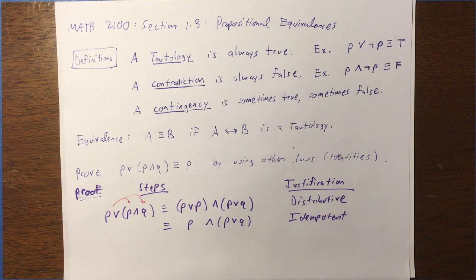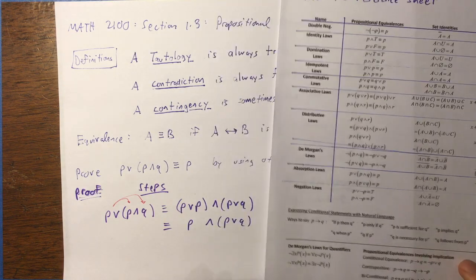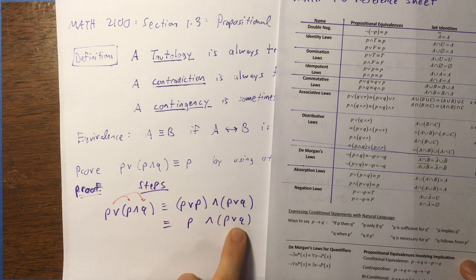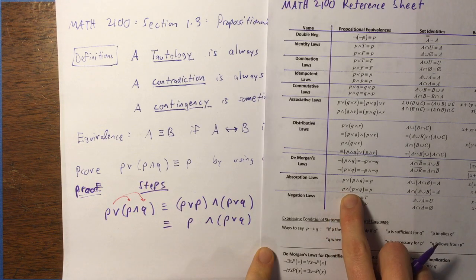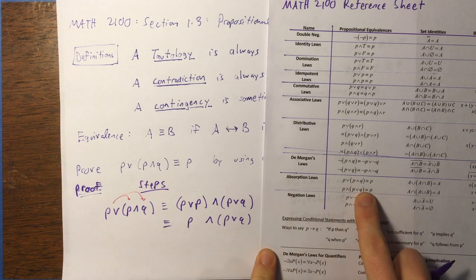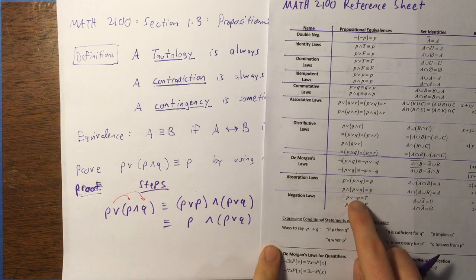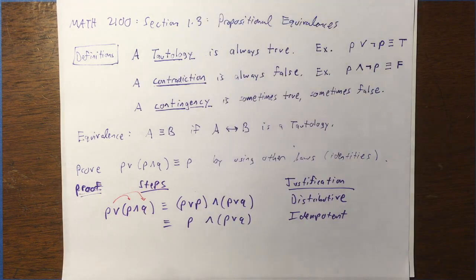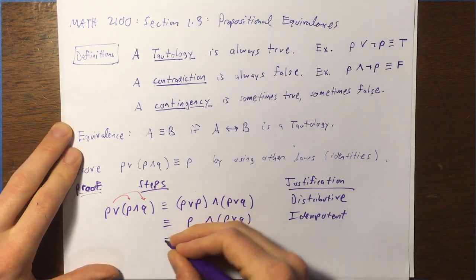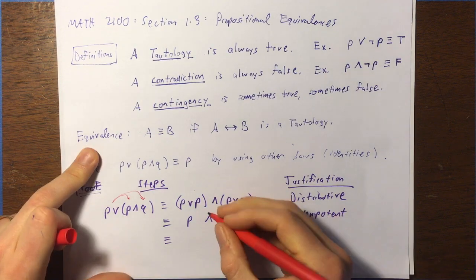Well, what we have, P and (P or Q), looks a lot like the other absorption law. But we said we can't use the other absorption law to prove the first absorption law. That would be like circular reasoning. Well, maybe we could just distribute again. Let's try distributing again.